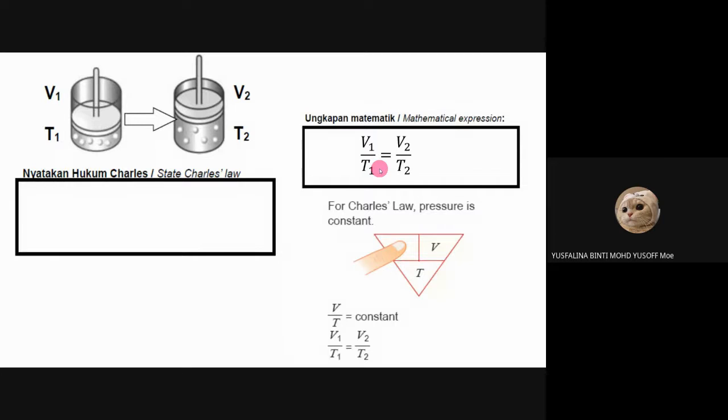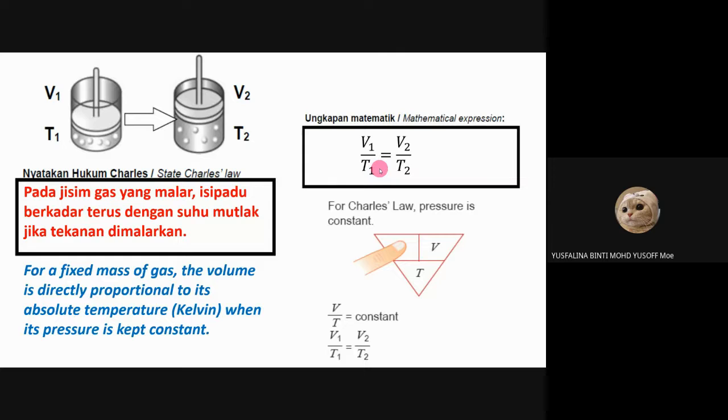So we already know, okay, for a fixed mass of gas, at a fixed pressure, the volume is directly proportional to the absolute temperature, okay, Kelvin, right, when its pressure is kept constant.